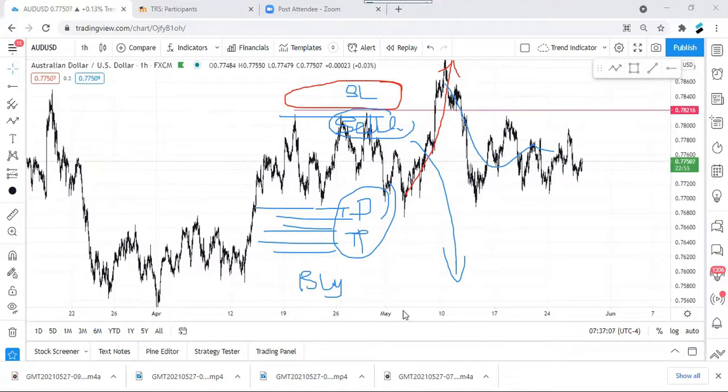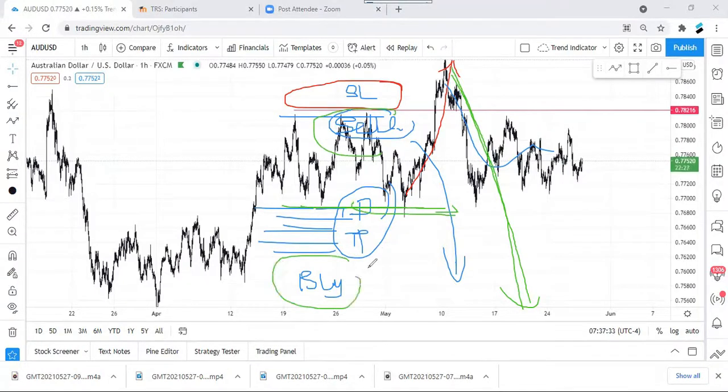Now, if the bank wants to move the price lower, usually the bank institution's target is much bigger compared to the retail trader. So when the banks start to move the price lower and reach the area where these sellers take profit, these are buy orders, right?